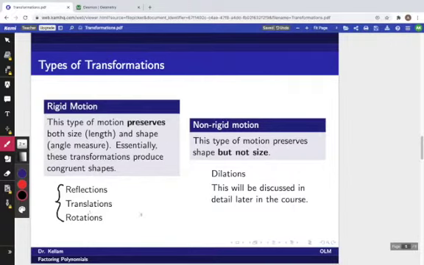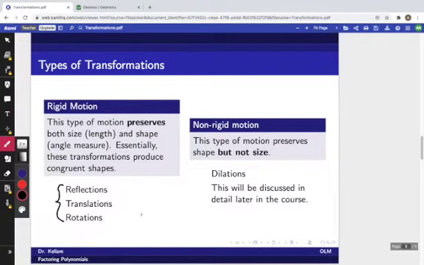So, the main focus of this first section is reflections. And hopefully you have already watched the first video about this topic, and you have seen that we basically are given a line, and that shape gets moved to a place that is equidistant on the other side of that line.